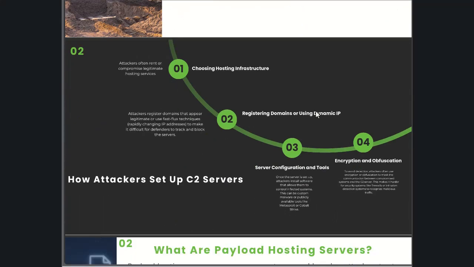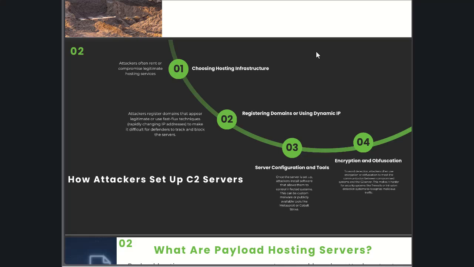So how do attackers set up a C2 server? There are some ways. Maybe first of all choosing a hosting infrastructure. Maybe choose Rexa, Namecheap, Bluehost, Hostinger, WebServe, or a free hosting service like Serv00.